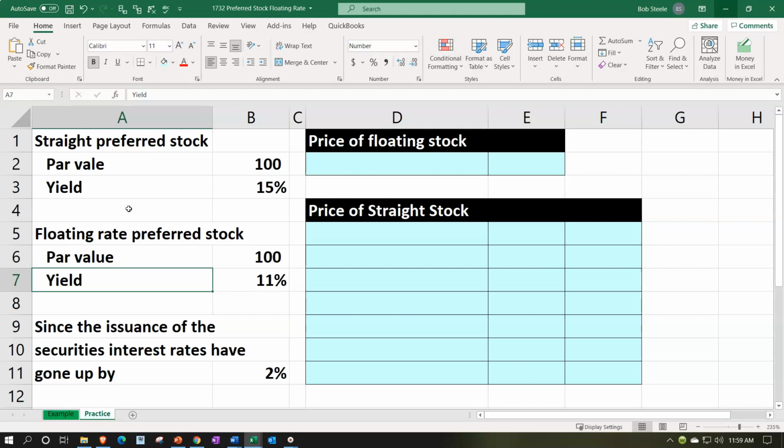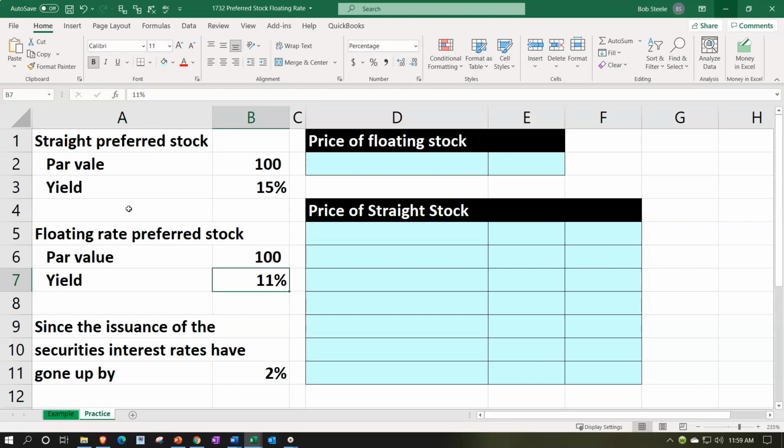But if you're the investor and you have a floating rate and the rate possibly goes up, then that could be a good thing because hopefully you don't have to do anything at that point in time and the rate could increase along with the increases in the rates on the market. That's why it might be lowering risk to that degree, because if you have a security that will go up automatically if rates go up, then that could lower the risk and therefore the yield might be lower at any given time, but then it could fluctuate.